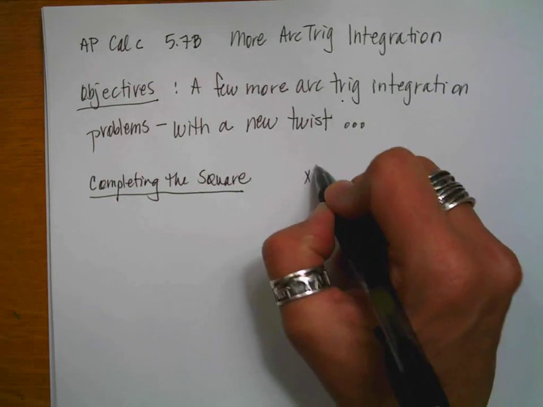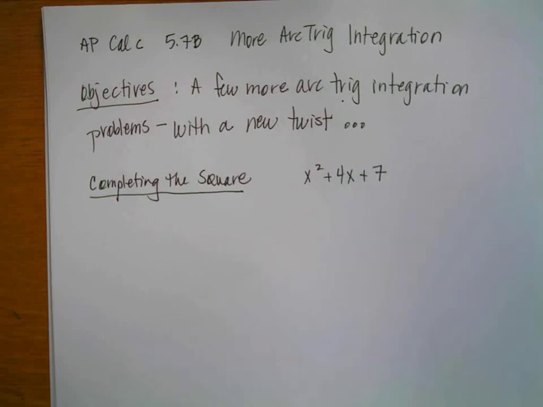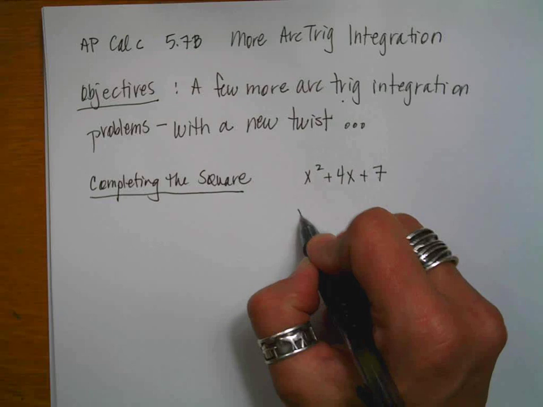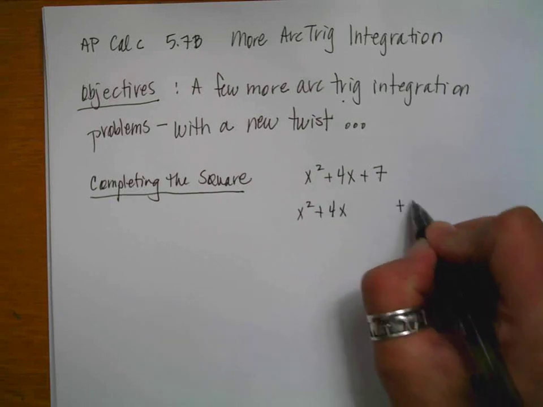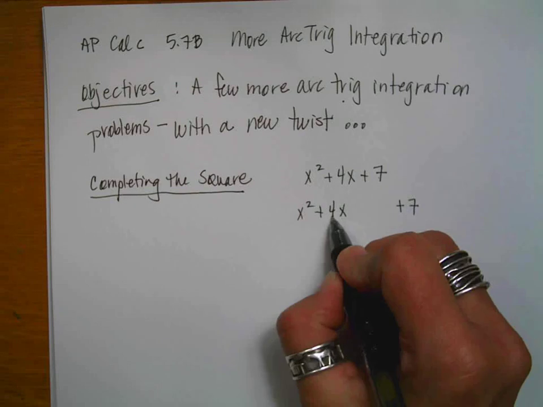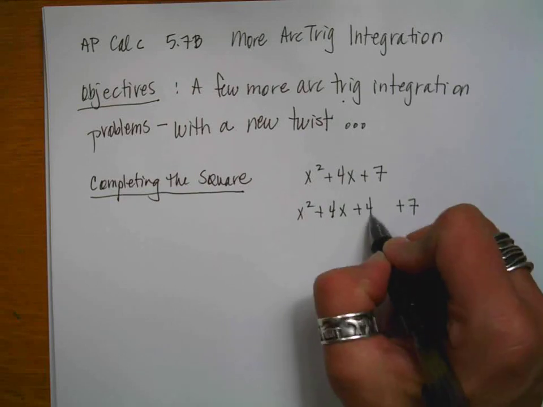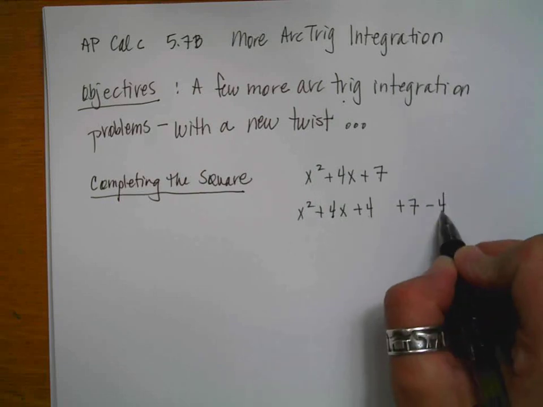So let's say I had the expression x squared plus 4x plus 7, and I want to factor, technically it's called factoring, using completing the square. I'm going to rearrange it a little bit. I'm going to write 4x, and then I'm going to scoot the 7 over. Half of 4 is 2, squared is 4, so I'm going to do plus 4 minus 4 because the net effect has to be 0.